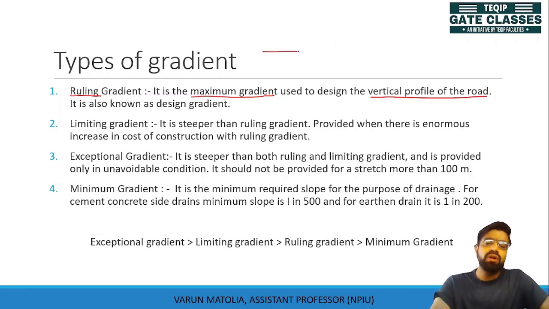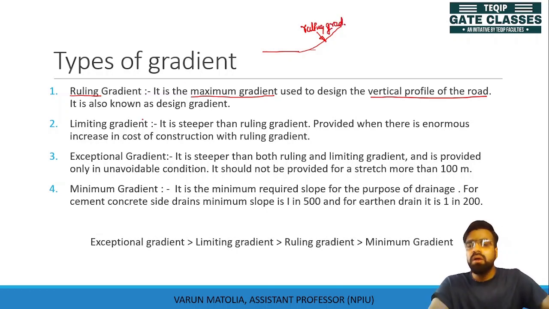If I'm moving on a road and I need to have an upward slope, the maximum value of this slope which I will use to design will be the ruling gradient. That's why this is also known as design gradient.